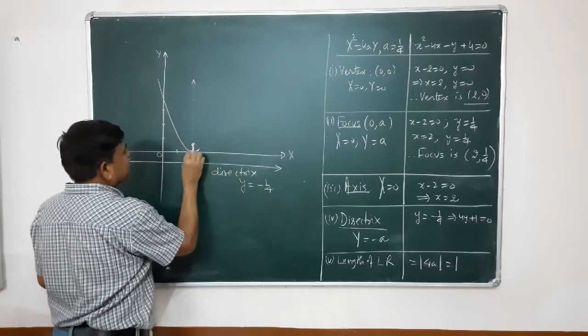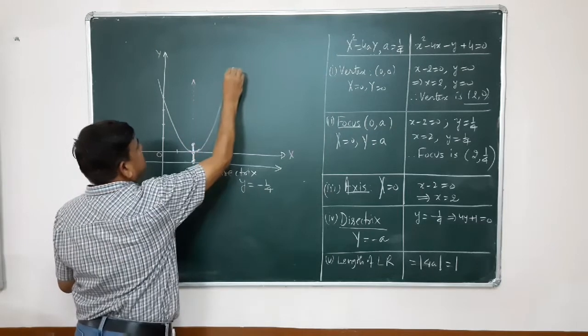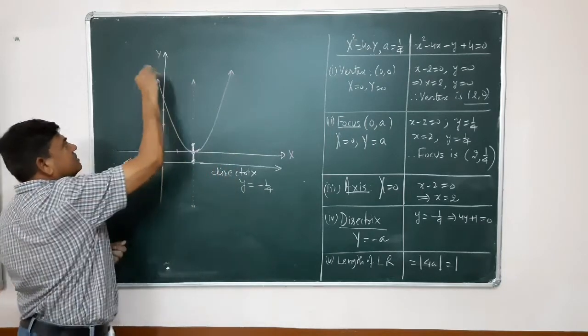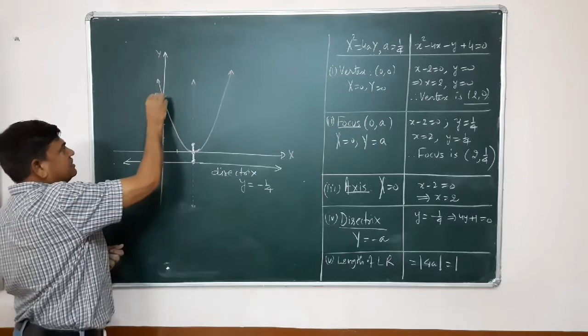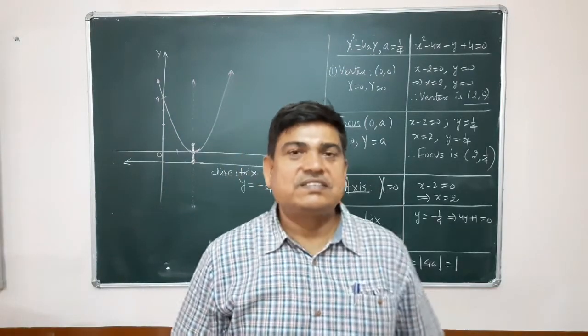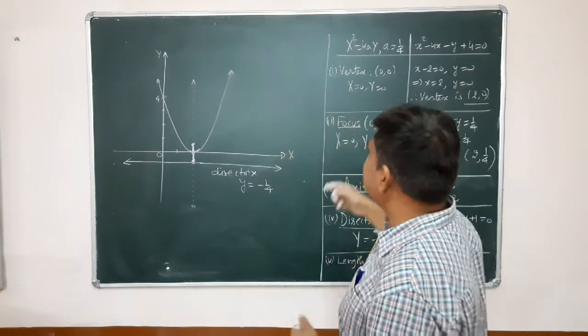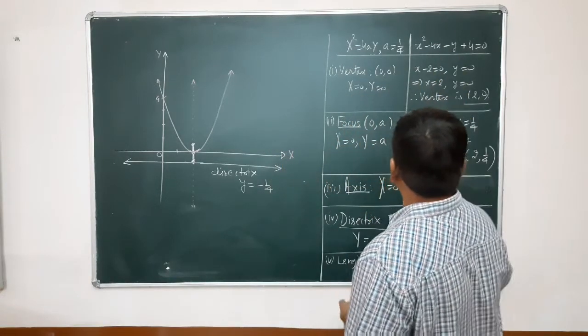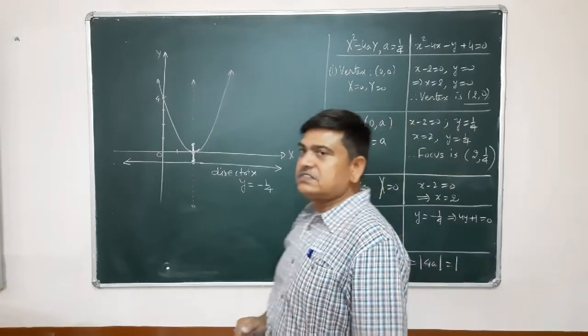Yes, now you can draw. One point is this. Here it is 4. So this is the trace of the given equation, that is x squared minus 4x minus y plus 4 equals 0.